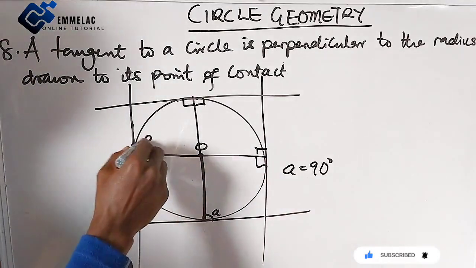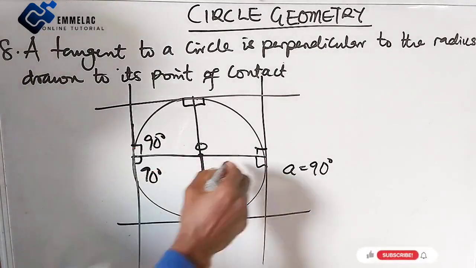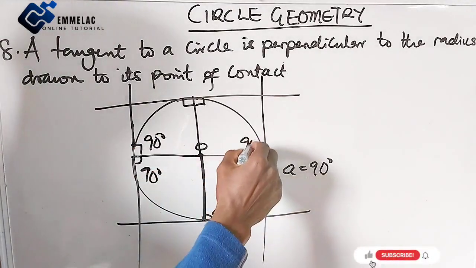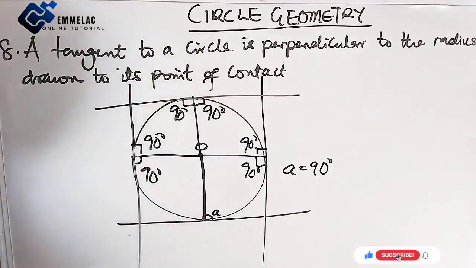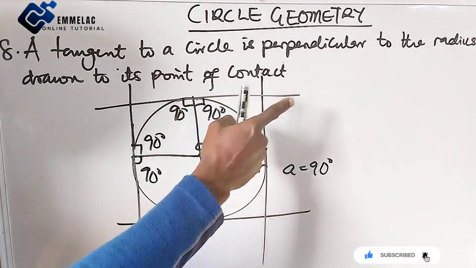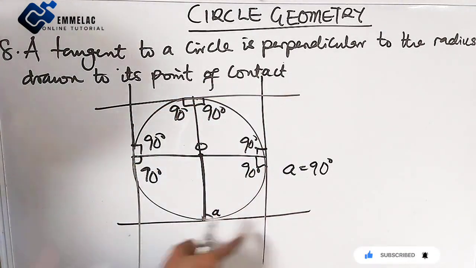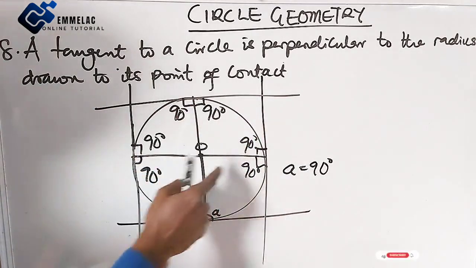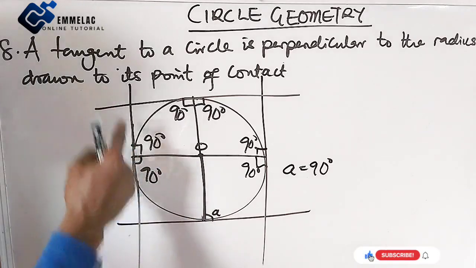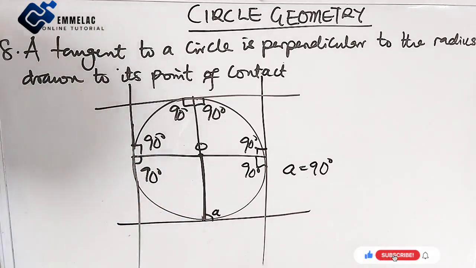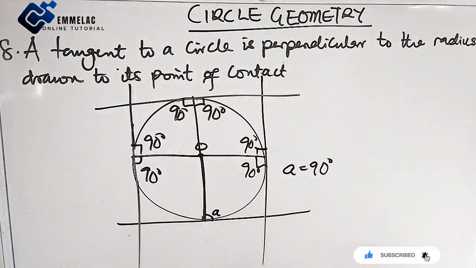Okay, so that is theorem 8: the tangent to a circle is perpendicular to the radius. As long as this tangent is perpendicular to each of these radii, then the angle subtended by that radius to the tangent is 90 degrees. All right, let's move to theorem 9, which happens to be the last one.